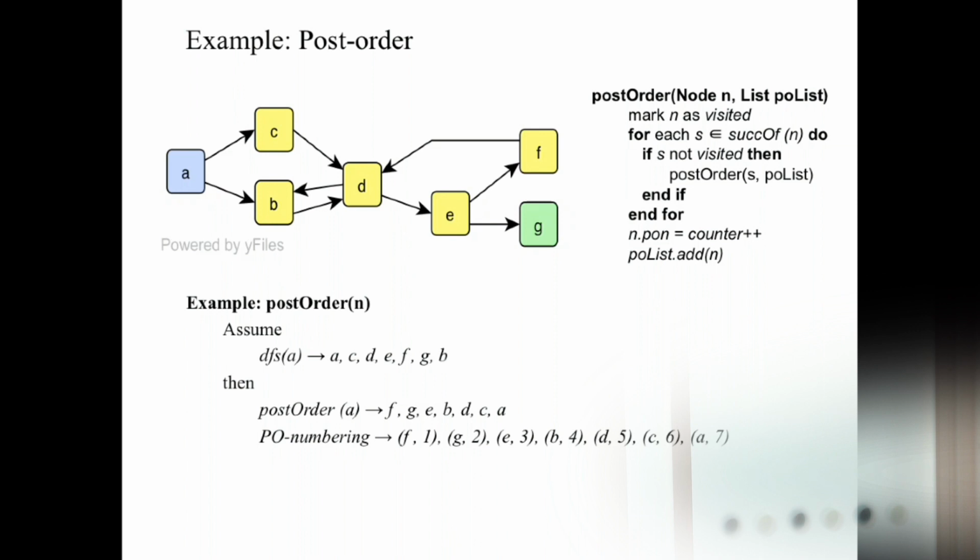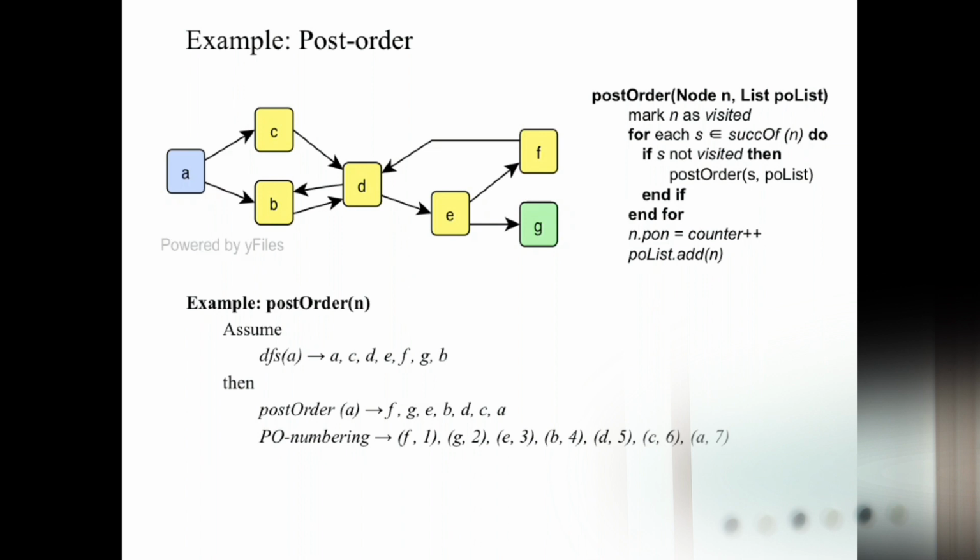For each S that belongs to the successors, it has successors F and G. I take the F and call post order on F, and mark F as visited.